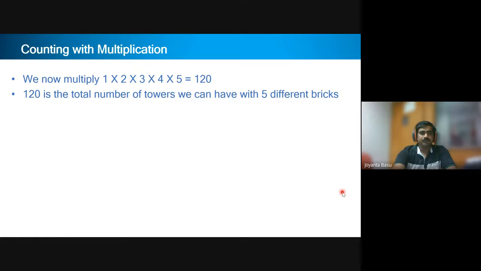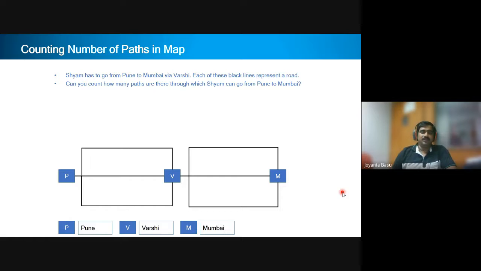Okay, so there is another problem. Here Sham has to go to Pune. P for Pune, V for Vasi and M for Mumbai. So someone is going from Pune to Mumbai via Vasi. There are possible roads.